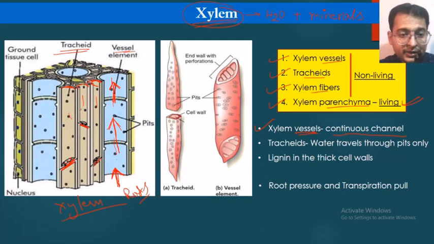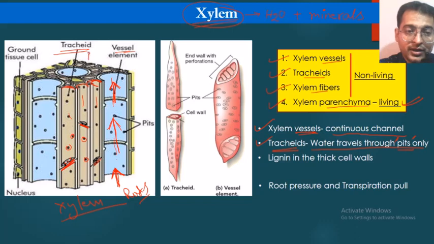But tracheids are also transporting the water and minerals. In tracheids, the water travels through pits only. What are pits? What you are seeing, these holes, these hole like structures, these are pores. These pores are known as pits.